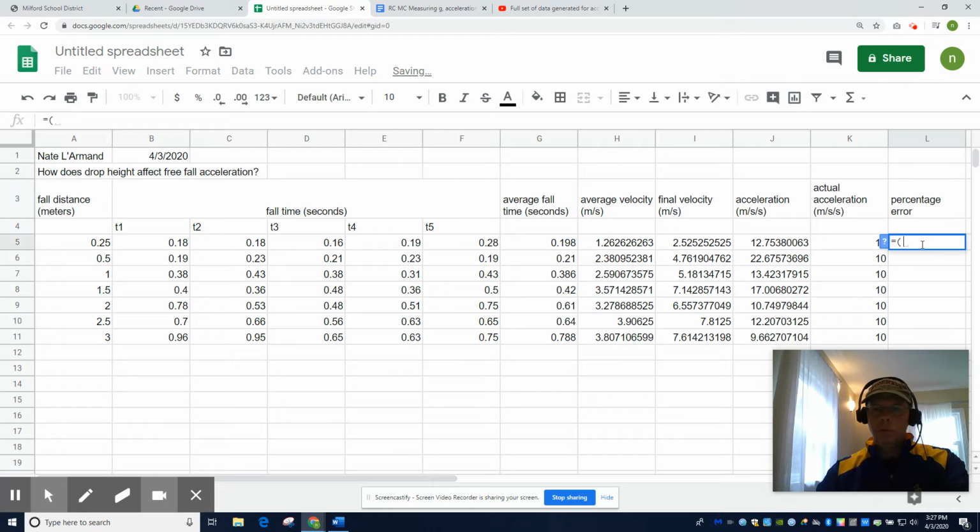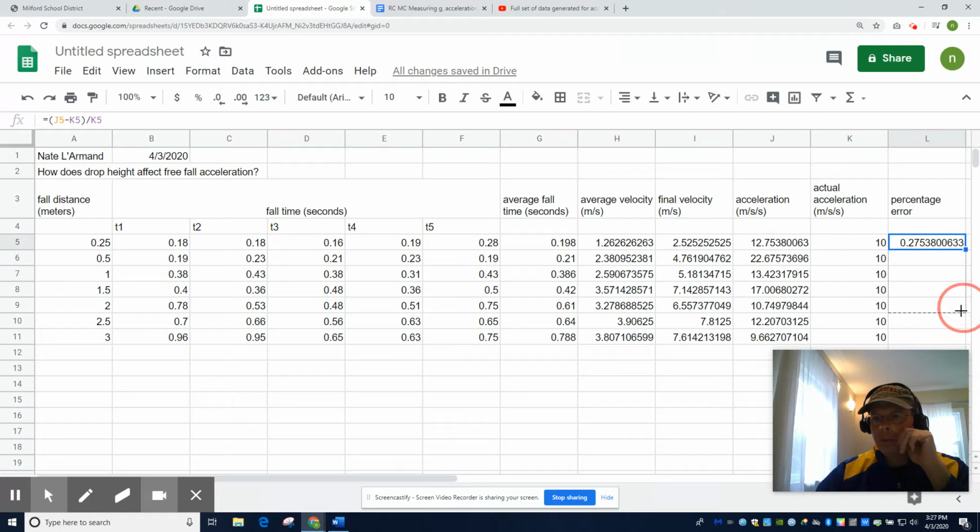So equals, open parentheses, the experimental value, subtract real value, close parentheses, divided by the real value. So that's kind of rough. How did I do here? Let's change these guys into a percentage. That's interesting.